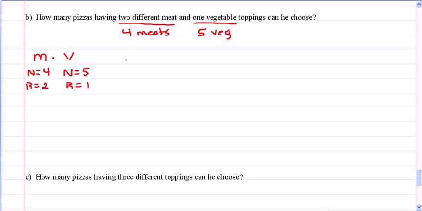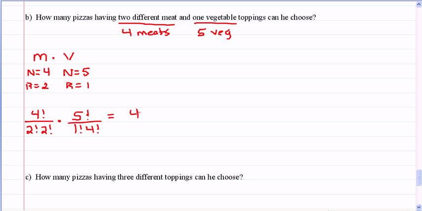So using our combination formula for meats, we have 4 factorial over 2 factorial, then we subtract the two numbers, which is another 2 factorial, multiplied by the combination formula for vegetables, which is 5 factorial over 1 factorial, and then the difference between 5 and 1 is 4 factorial.